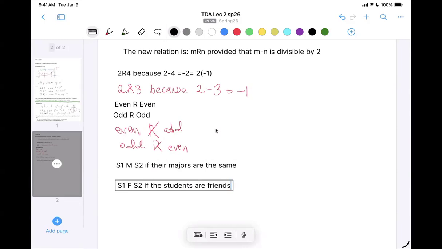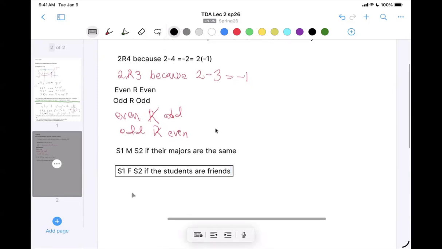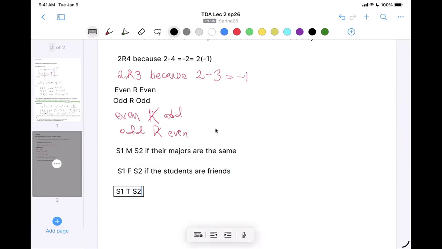What I want to compare is what certain properties these relations have in common and which they do not. Let's do another one just to distinguish them: S1 T S2, T for tutor.